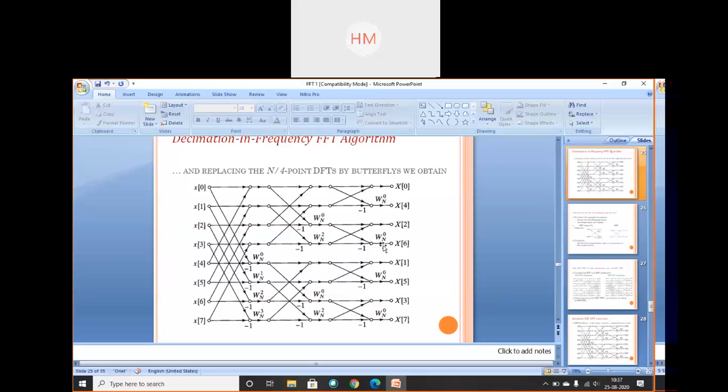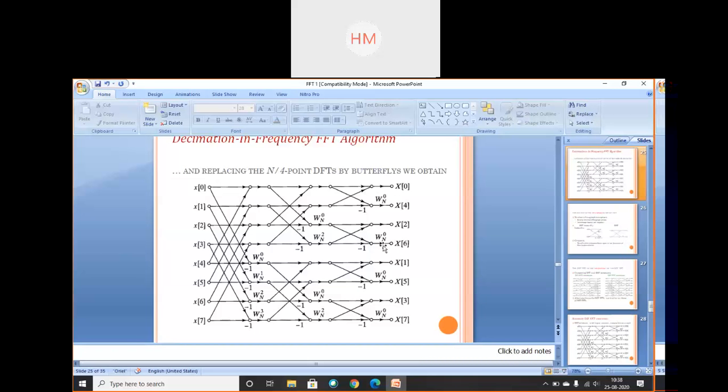What we did in DIT? The DIT algorithm decomposes the DFT by sequentially splitting input samples x of n in the time domain into sets of smaller and smaller subsequences and then forms a weighted combination of the DFTs of these subsequences.